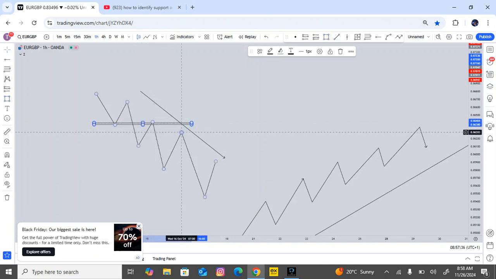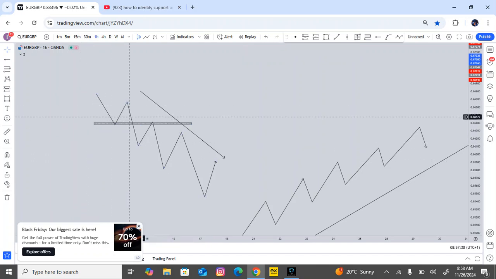And now price broke this low, came back into the support, now making it resistance. Why? Because it's resisting it. Price is below it, right? And the support is above it, so it's now called resistance.